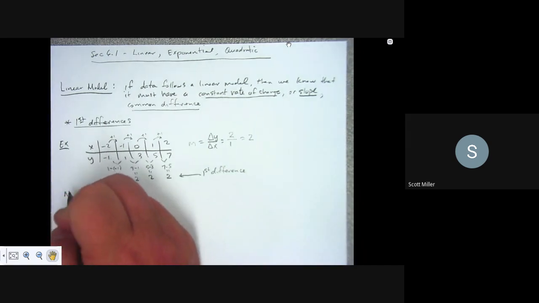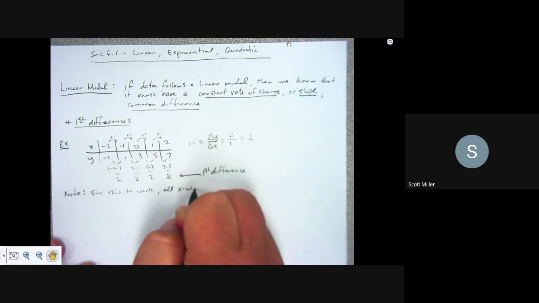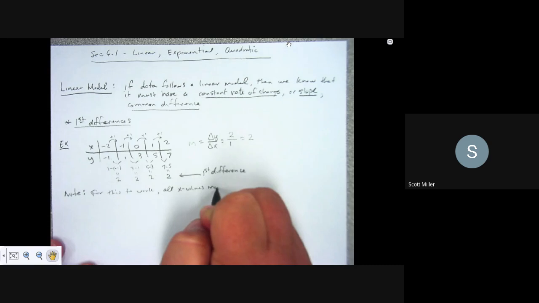Okay? Now, something that's important to remember. Okay? And it's going to continue on through all these other ones. For this to work this way, all x values must be equally spaced.